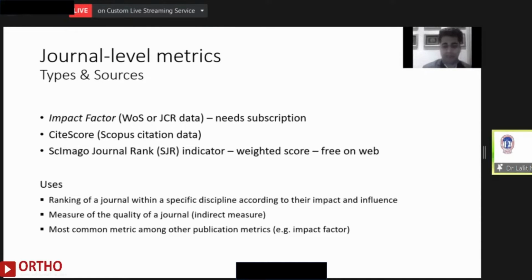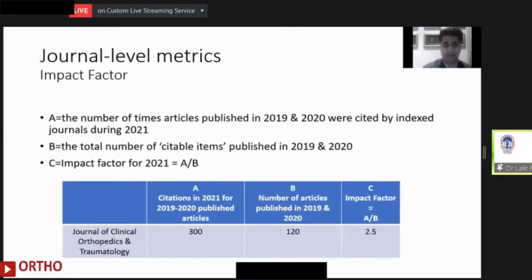And apart from that, the most commonly used index for measuring journal level metrics is the impact factor.